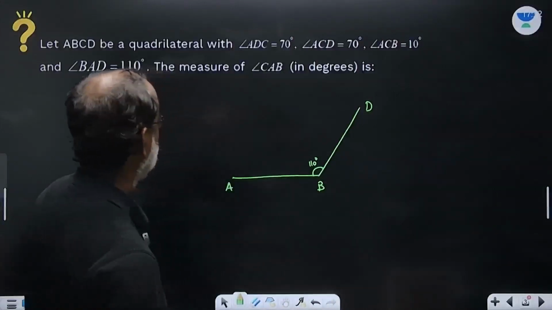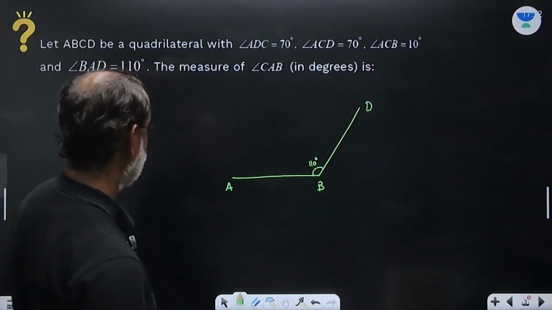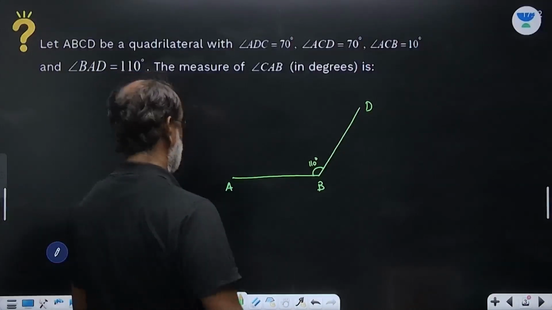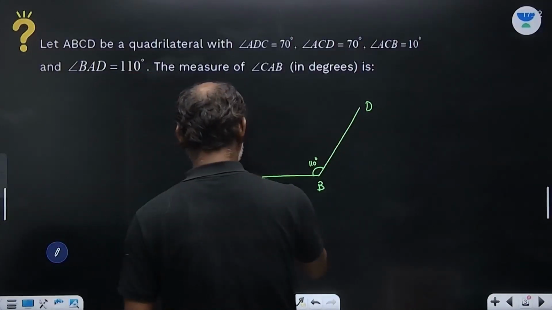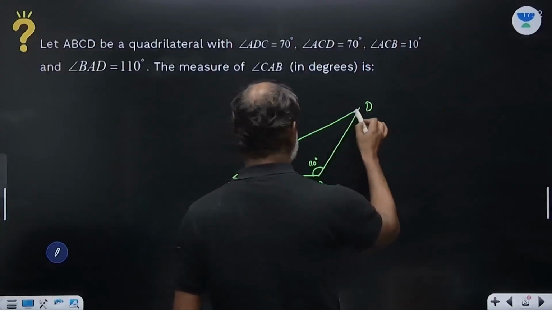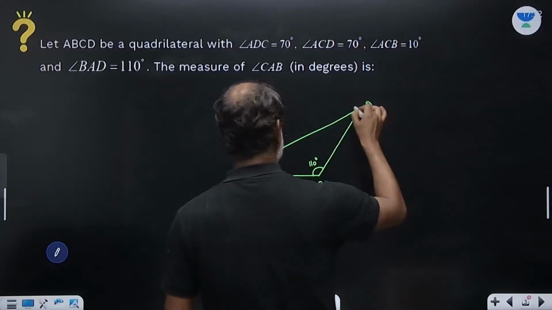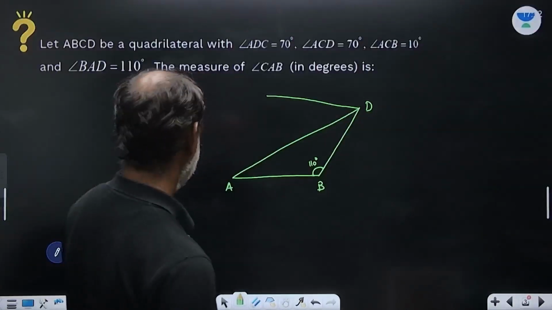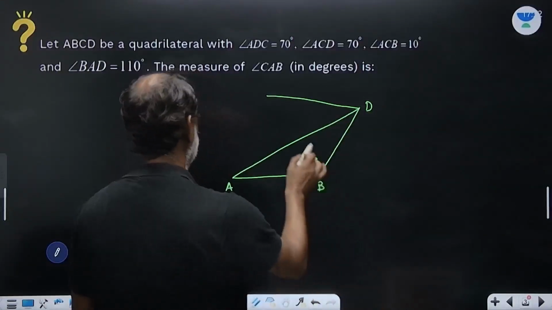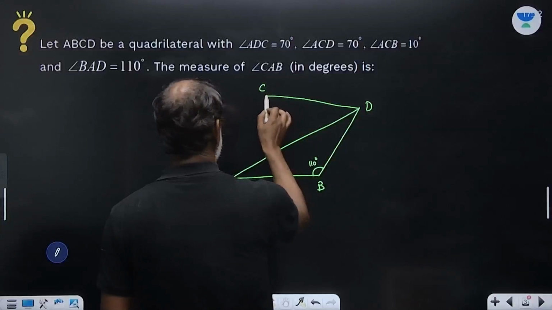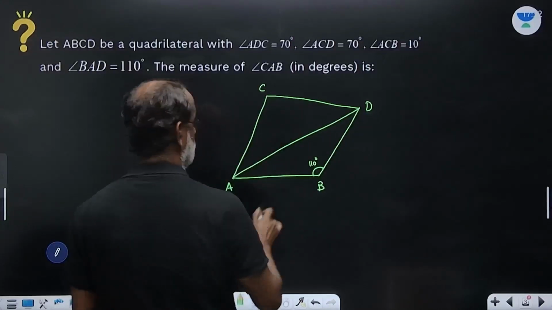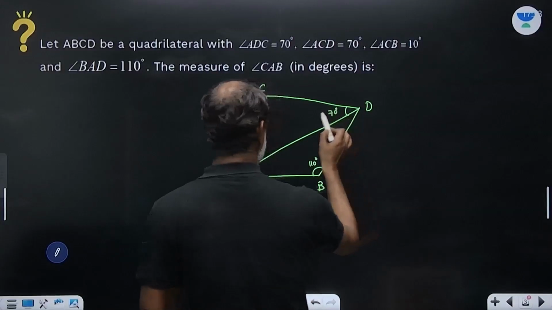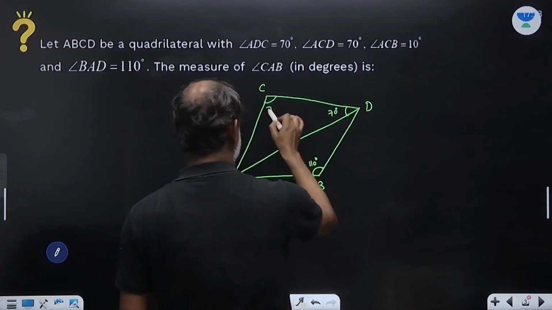Now ADC is 70 degree. And ACD, AD, this is 70 degree.